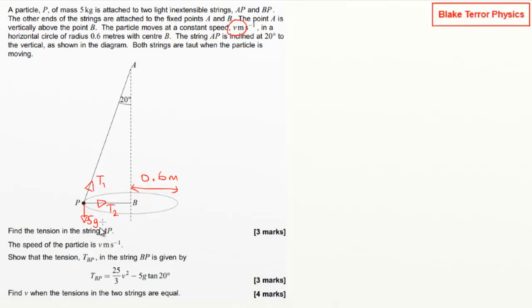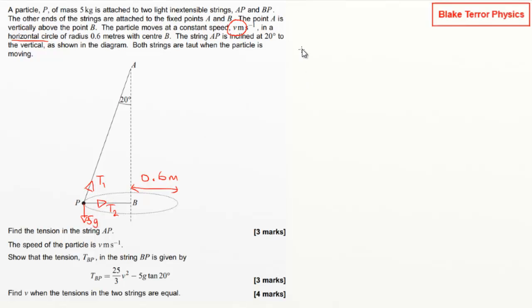Right, so that's T1 we're looking for there. It's told us it's moving in a horizontal circle. So we know that P isn't moving up and down, so we can resolve vertically and use Newton's second law there.